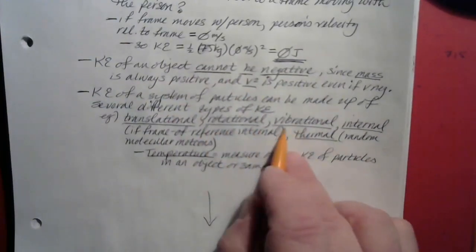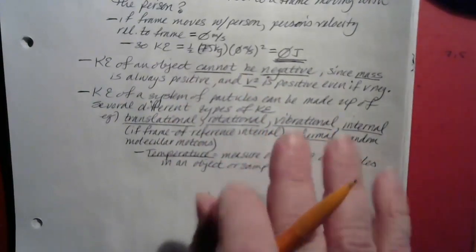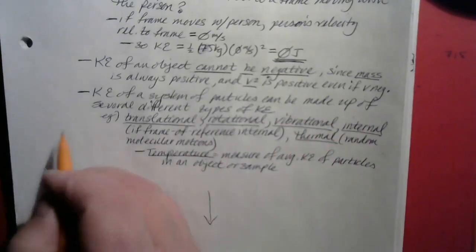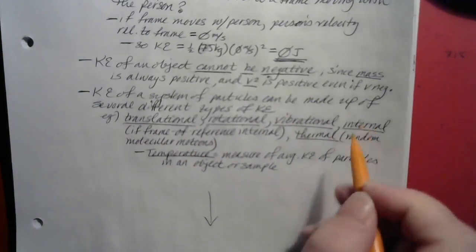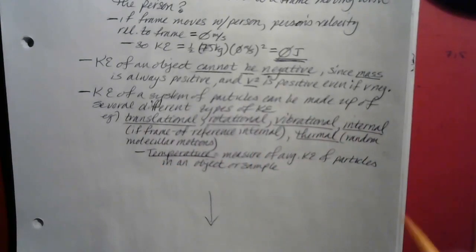There's also vibrational kinetic energy, which can be either something that's vibrating because of thermal energy, like molecules that vibrate in place, or a spring. If a spring is vibrating back and forth, that could be vibrational kinetic energy. And there's internal kinetic energy if the frame of reference is internal.